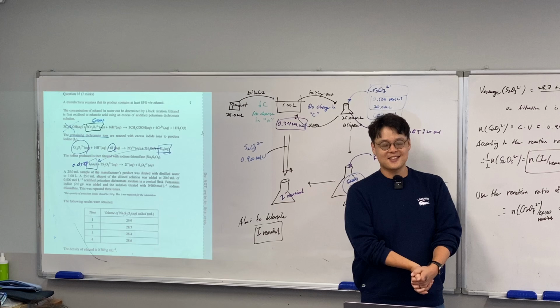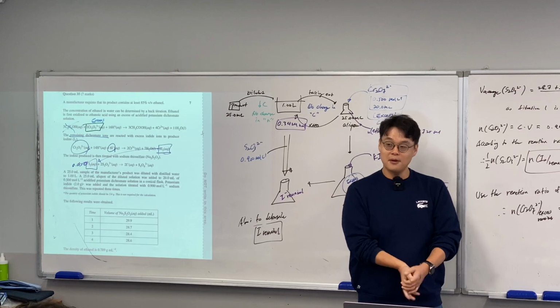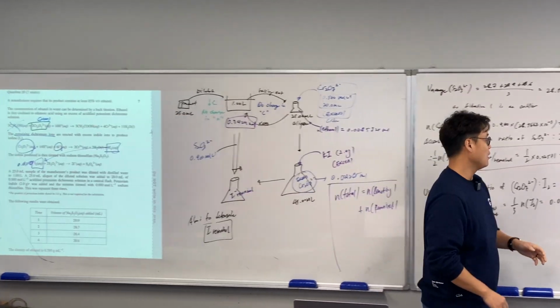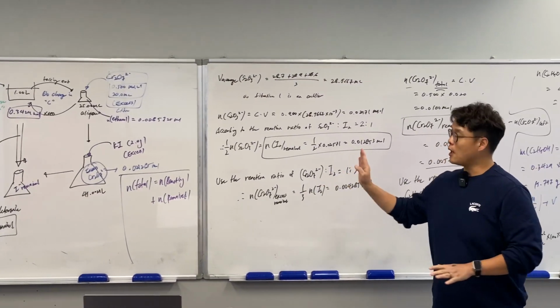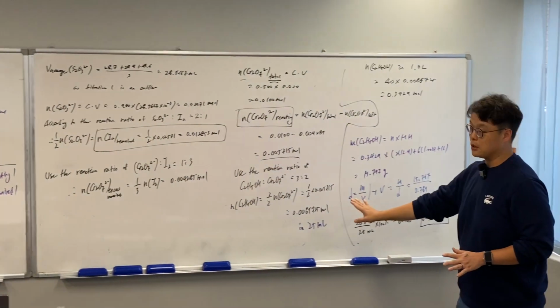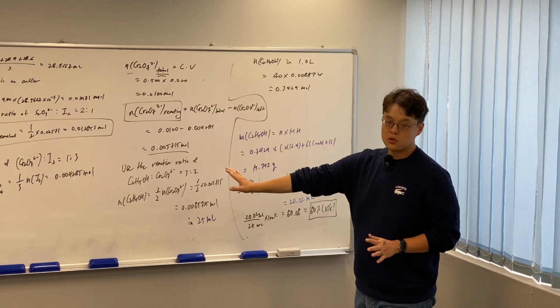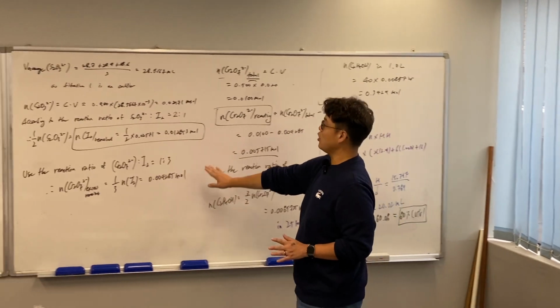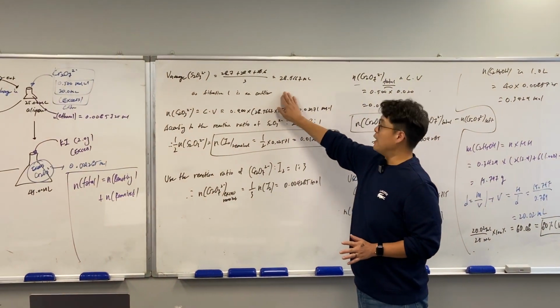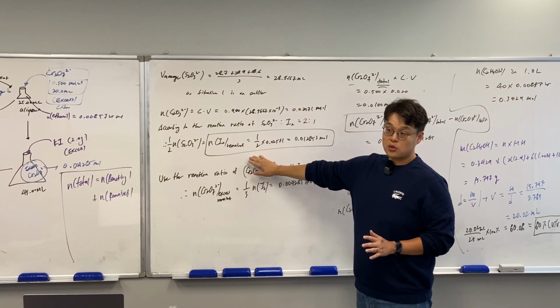Yes, this is the hardest question in terms of stoichiometry too. But okay, let's be clear here. Besides that complicated process of the titration, is there anything new in the calculation, to be honest? You know how to find the average, you know how to find the n, you know how to use the reaction ratio stoichiometry too.